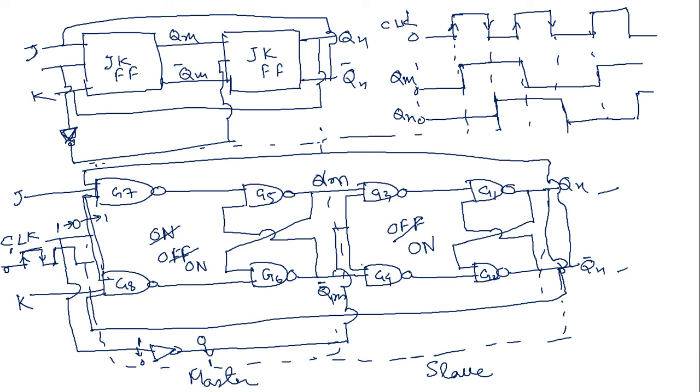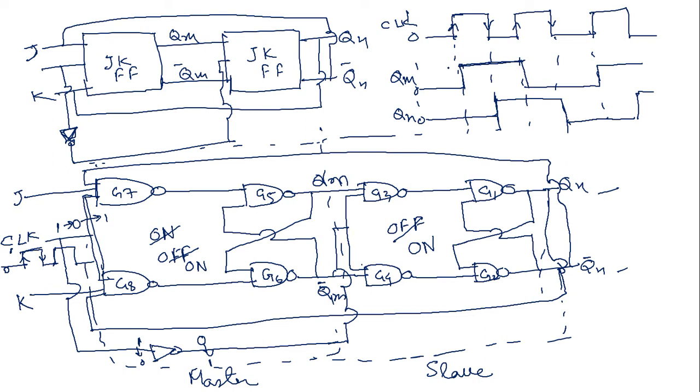When the clock goes from 0 to 1, that is a positive edge of the clock pulse, we can observe the change in QM at the first positive edge. But the next QM change we can observe only when the next positive edge arises in the clock pulse.